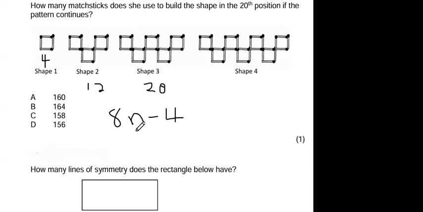That's 160 minus the 4. And we can check it with this. 8 times 3 is 24 minus 4. 8 times 2 is 16 minus 4. 8 times 1 is 8 minus 4. I don't know if you guys can see, but that would be 156. Very nice one.